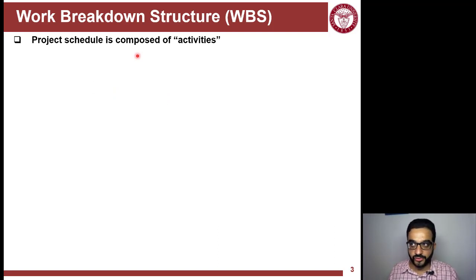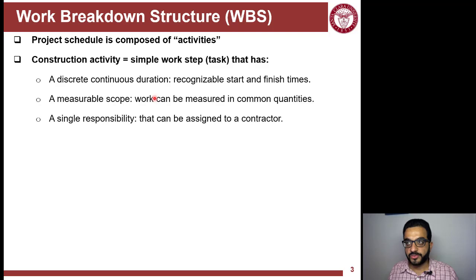So regardless of the name, activities or tasks, each one of these is basically a simple step of the work that should satisfy these requirements here. First, it should have a discrete continuous duration with recognizable start and finish. So no intermediate interruption.